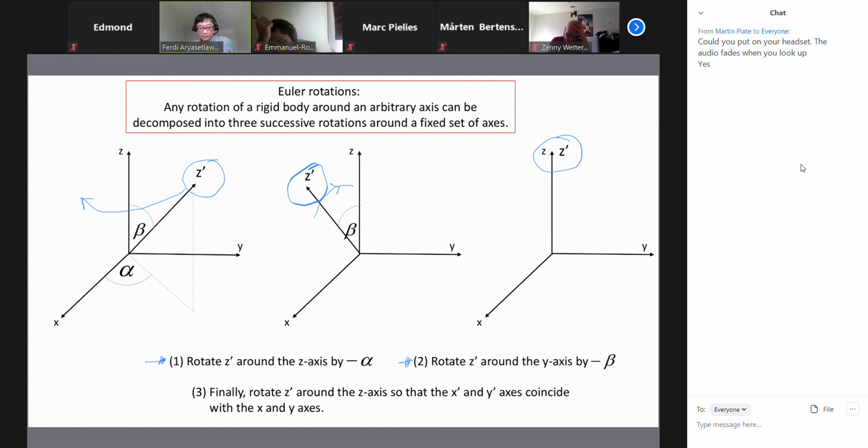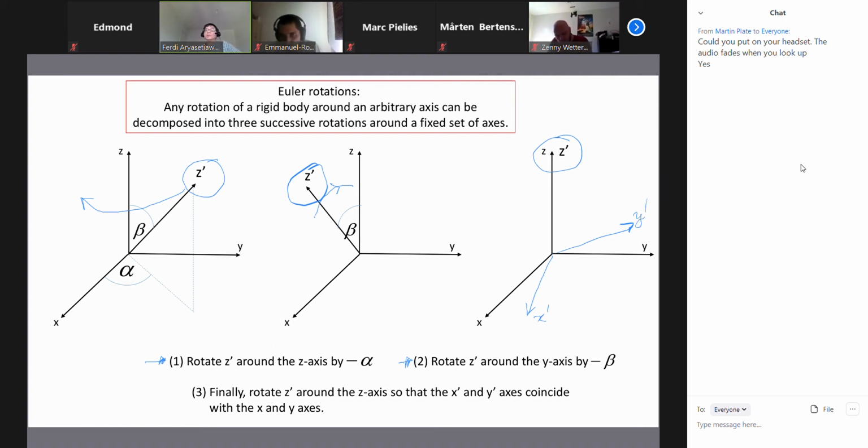We have not talked about the x prime and y prime axes, but we know that they must be perpendicular to the z prime, so they must be in the same plane. For example, it could be like this. And they're in the same plane as the xy plane.